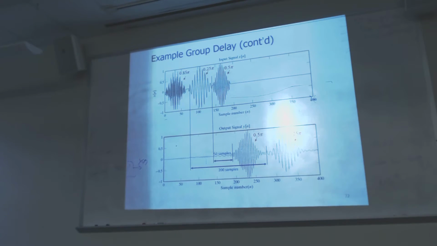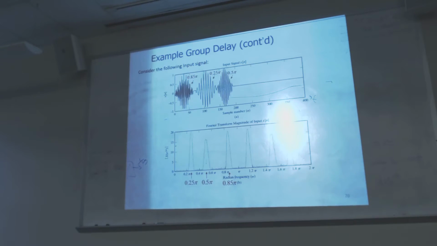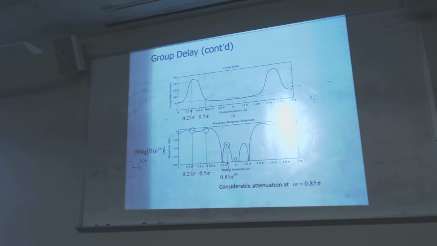Okay, so let's go back to the group delay here. This is the group delay. For this frequency, the amount of group delay is 200. So let's consider 200 seconds, because this is in terms of seconds, the delay. For this frequency I have 200 seconds of delay, but for the other frequency I have 50. The delay is 50.